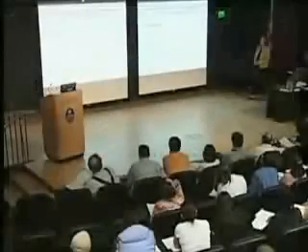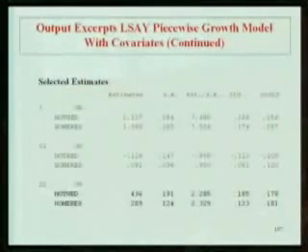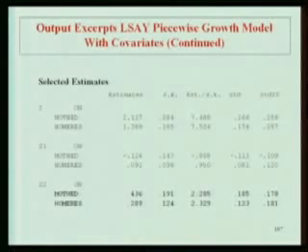We can see that for the intercept growth factor, both mother's education and home resources are significant and positive, as we saw earlier. But for the slower part of the growth, neither mother's education nor home resources are significant, whereas for the growth from 8 to 9, both are significant.